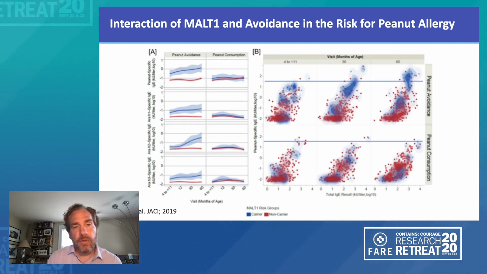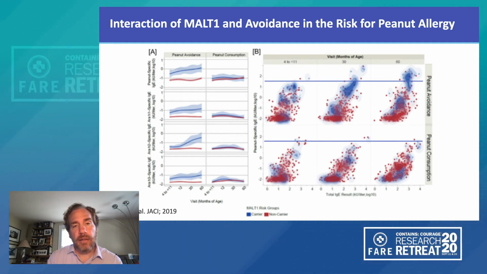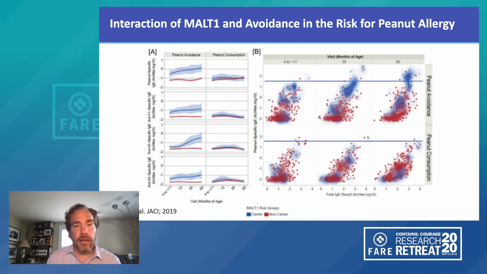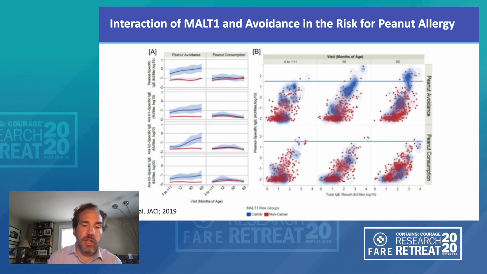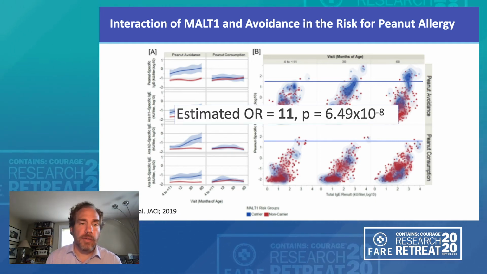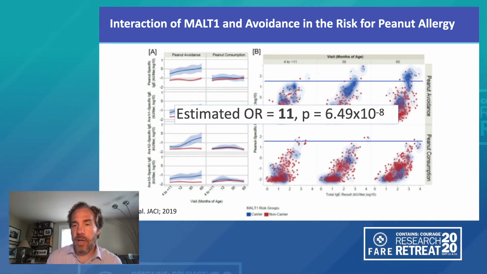But in the avoidance group, you see the emergence of this very high titer IgE group of individuals that's very strongly associated with gain-of-function alleles of the gene MALT1. So with an odds ratio of greater than 10, this is a very, very strong association by GWAS in that population.